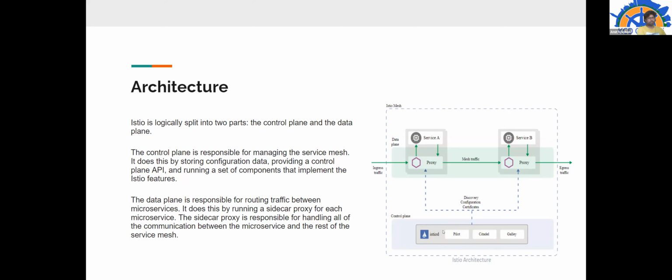Maybe microservices are not always a solution for everything. There could be some scenarios where even a monolithic application works better. So yeah, this is the high-level architecture of the Istio mesh, and I am going to take a pause here. If somebody has some question or something, please feel free to ask.